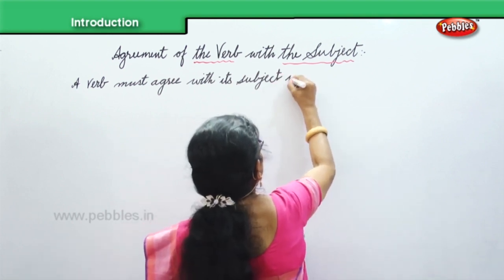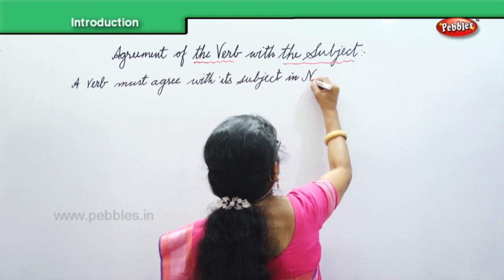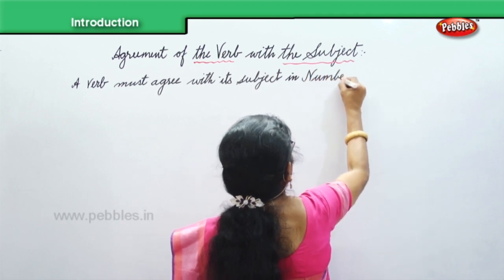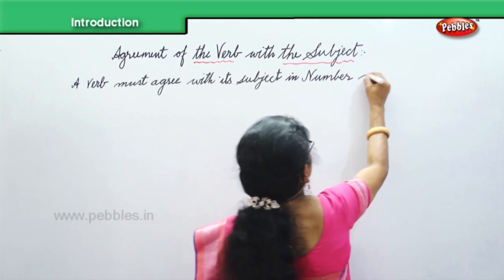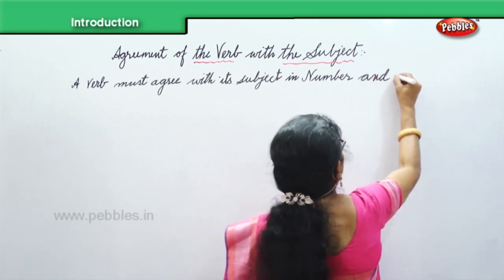We must know the number of people, the number of things, and the person.